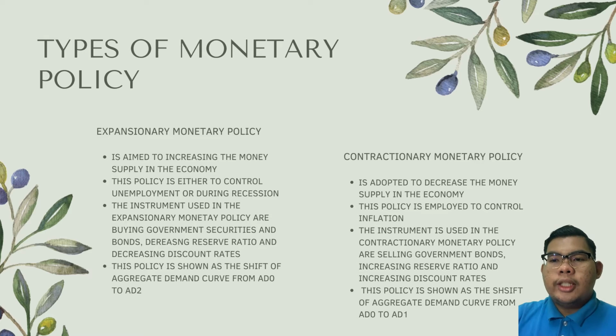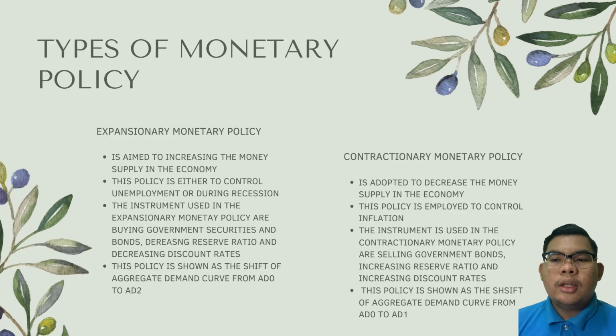Next, I'm going to discuss the types of monetary policy. In monetary policy, we can divide into two types: expansionary monetary policy and contractionary monetary policy. Expansionary monetary policy is aimed at increasing the money supply in the economy. This policy is used either to control unemployment or during a recession.